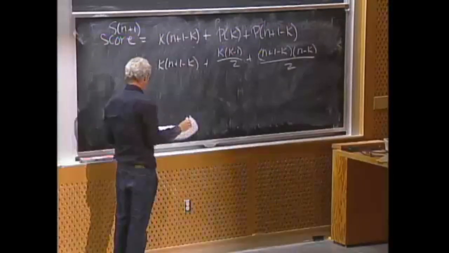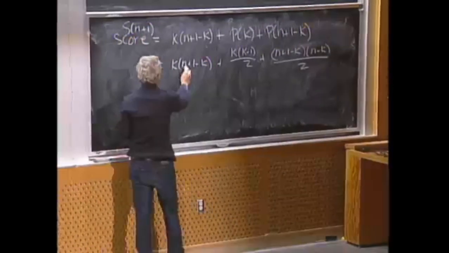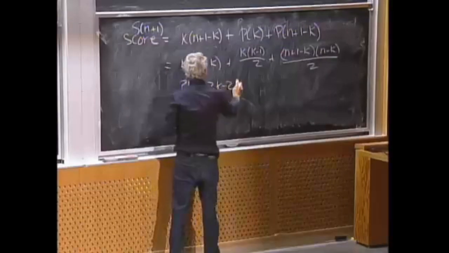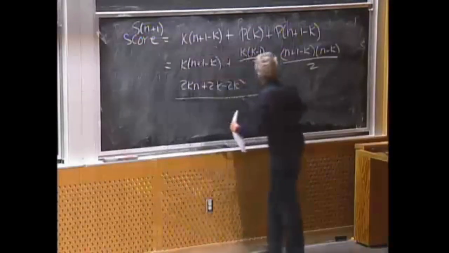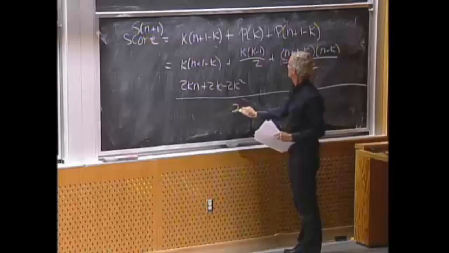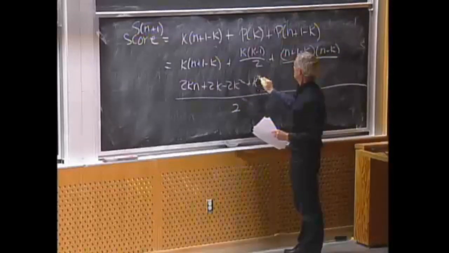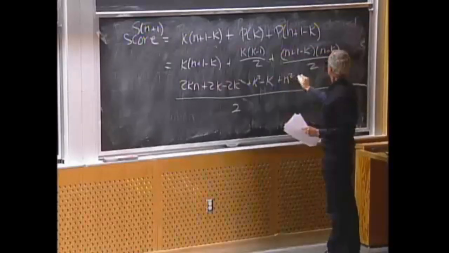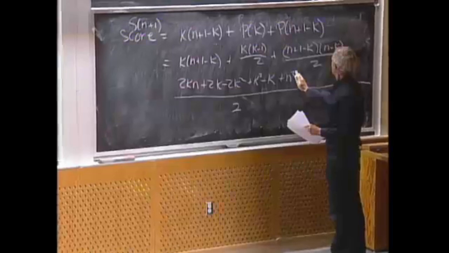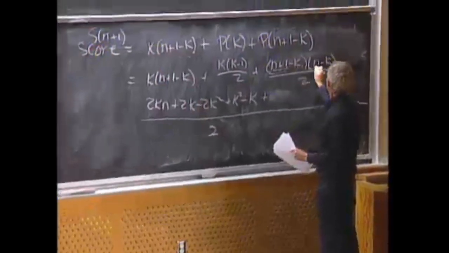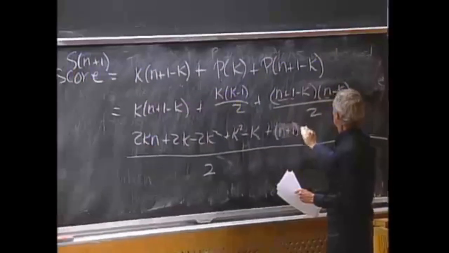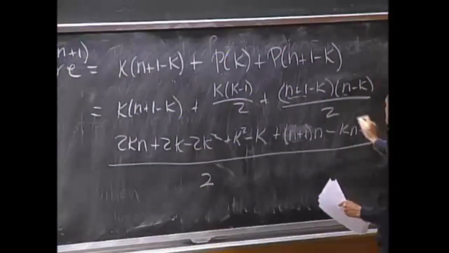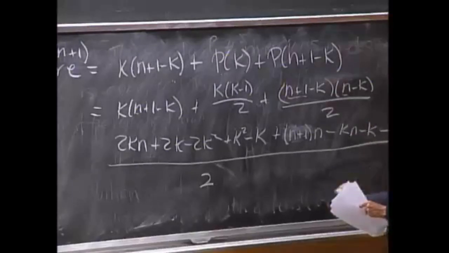Let's do that. All right, I get 2kn plus 2k minus 2k squared, I'm putting all this over 2, one giant mess over 2 here, plus k squared minus k, yikes, plus n squared. Well, let's write it just as n plus 1 times n, minus kn minus k minus kn, all over 2.